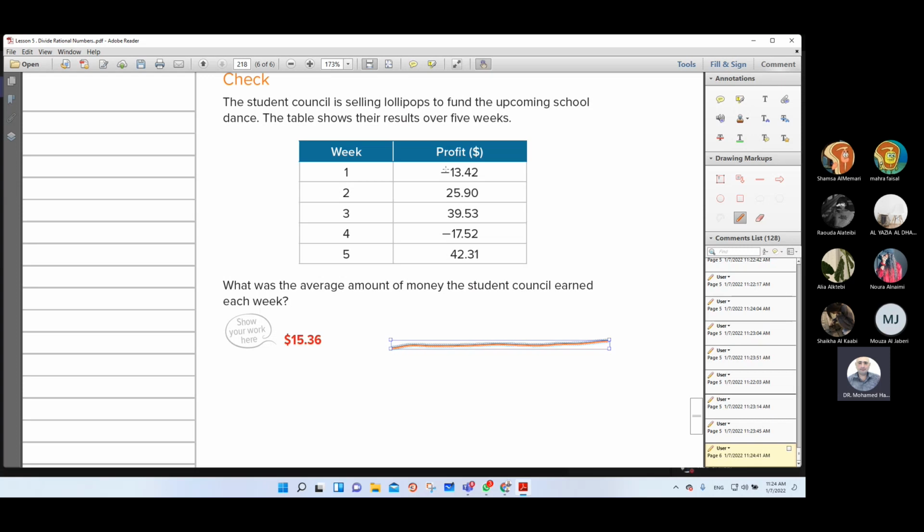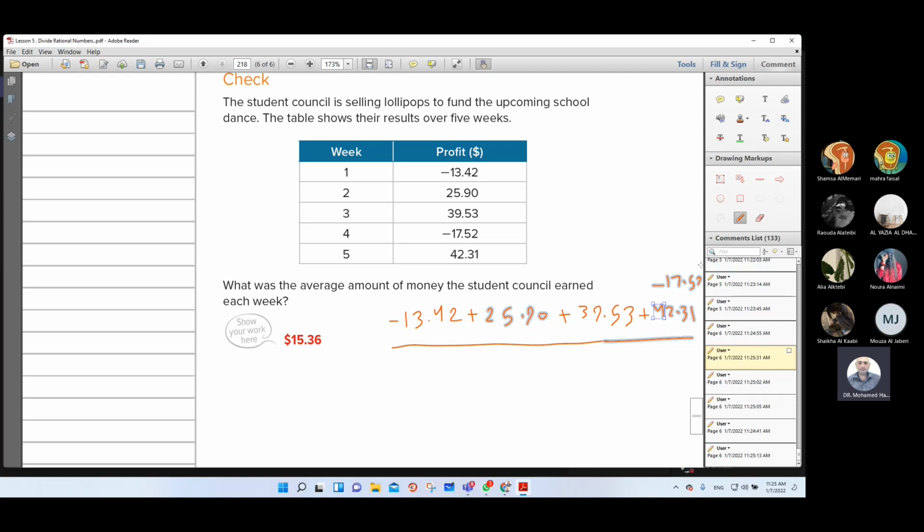You can add all the numbers. So negative 13.42 plus 25.90 plus 39.53 plus 42.31 minus 17.52.